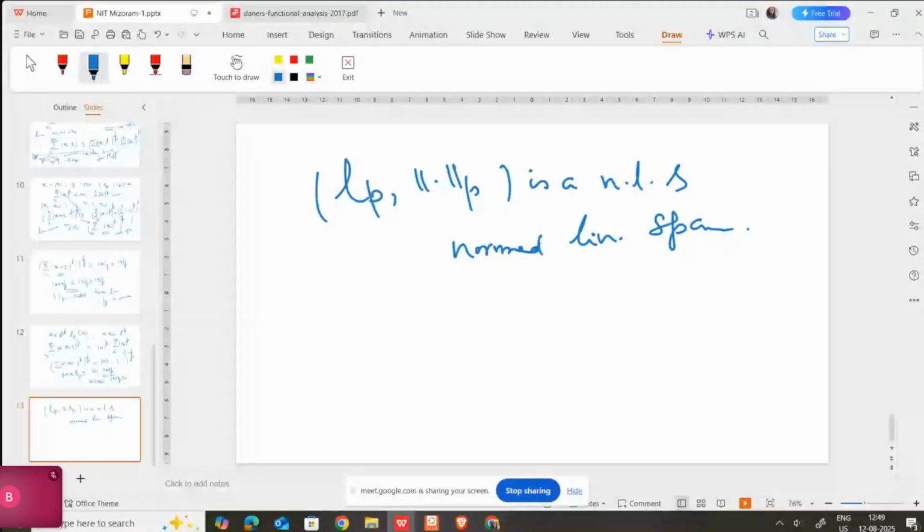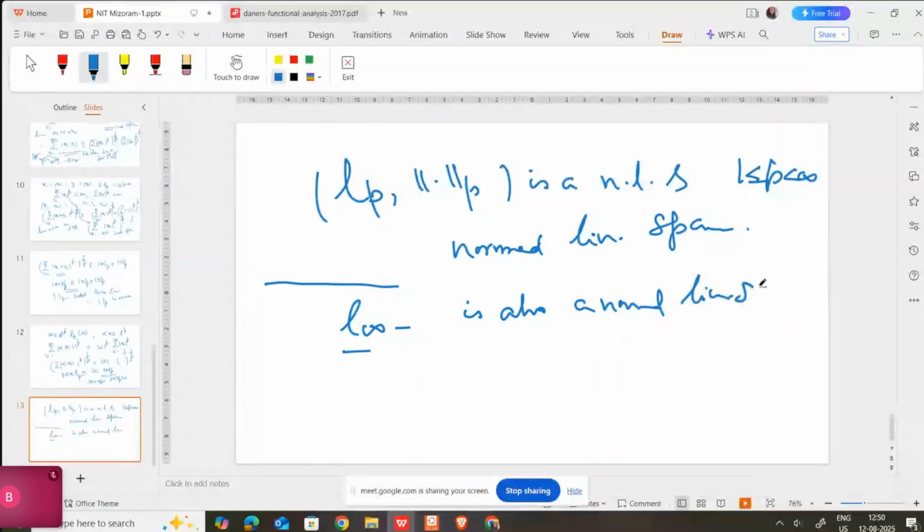All right. So this is one interesting story that we have, but we can extend it. What we have done is for 1 less than or equal to p less than infinity. What about L infinity? That's also a normed linear space.